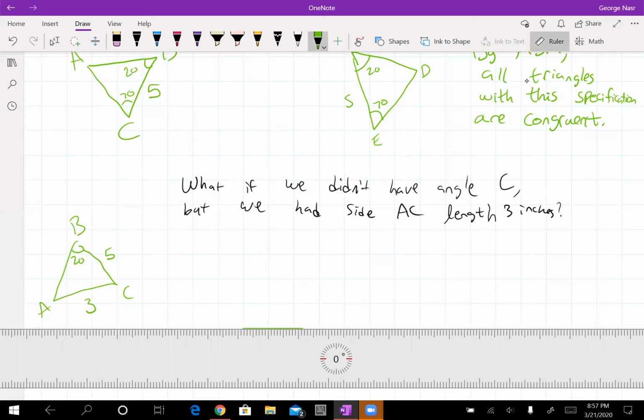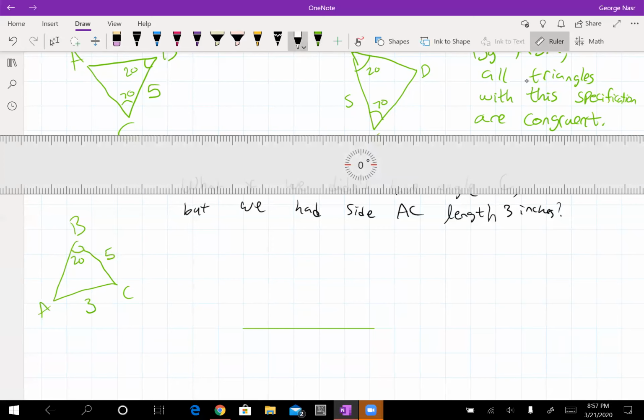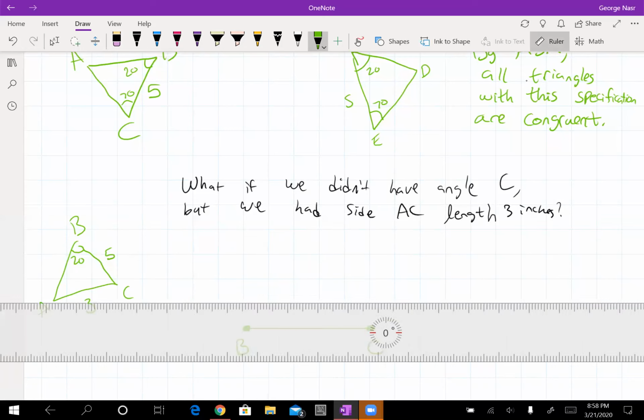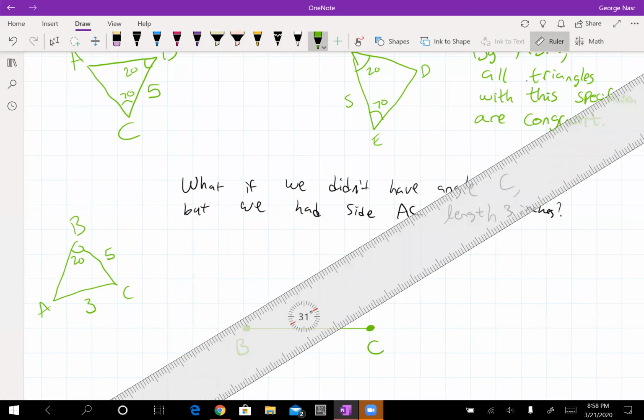So here's 1, 2, 3, 4, 5. I overshot it a little. There we go. Let's treat this as B, this as C. And we know that at angle B, we have a 20-degree angle.